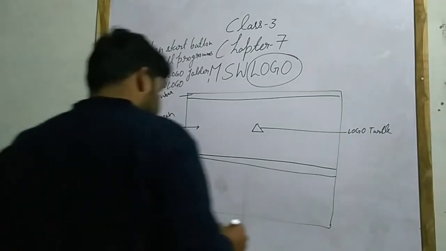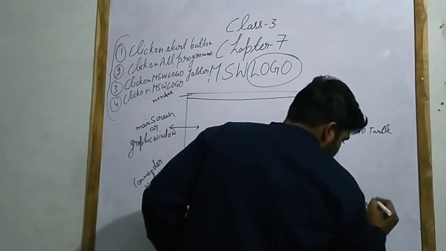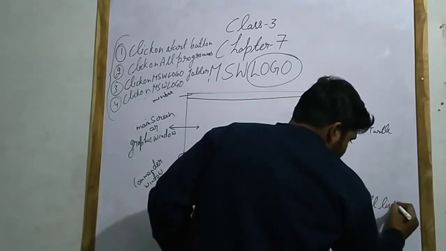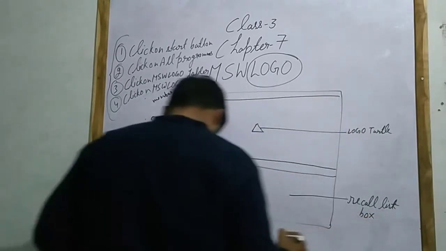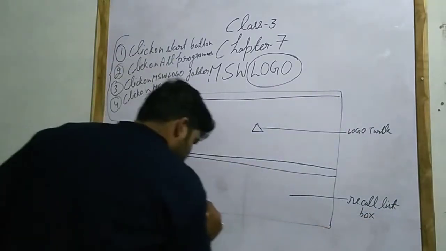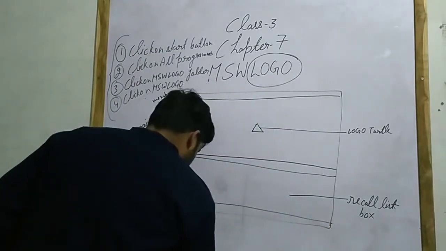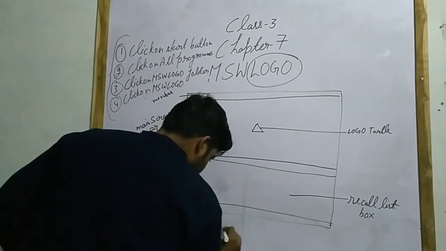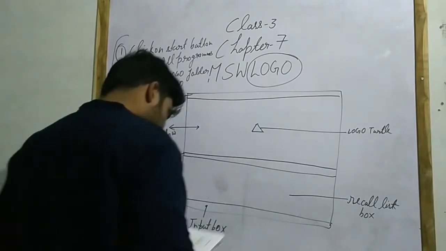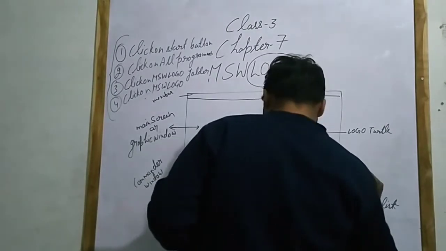This is your recall list box. This part is your input box, and here the command buttons are given.